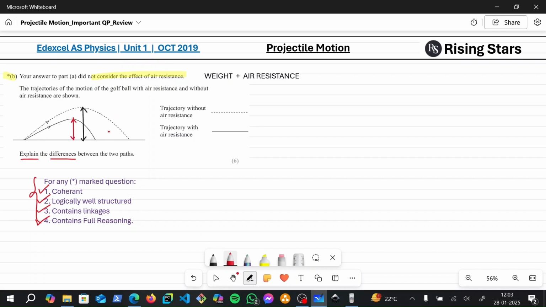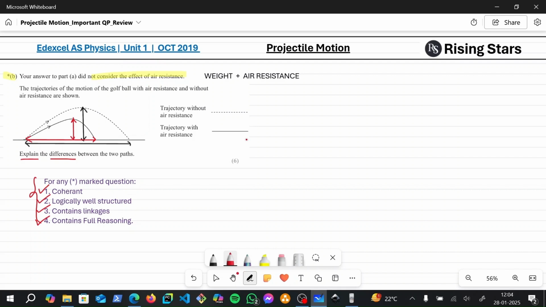So we have got the first difference here. Second difference is that the one without air resistance has a greater range or greater horizontal displacement than the one with air resistance. That's the second difference point. We have got 2 differences so far. And believe me or not, these are the only 2 things you need.